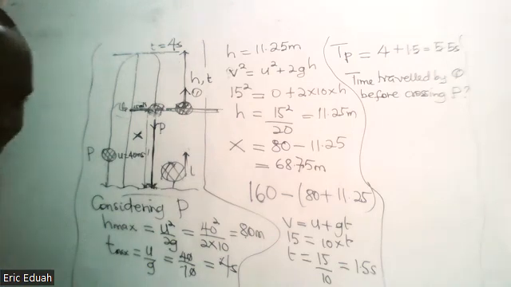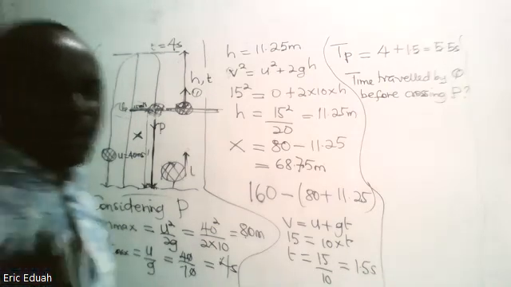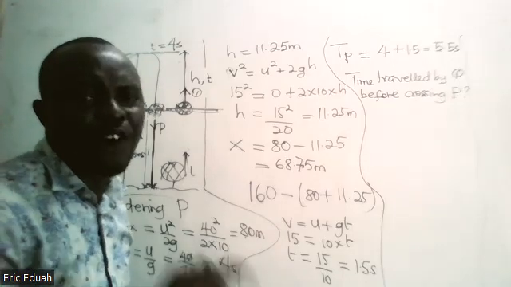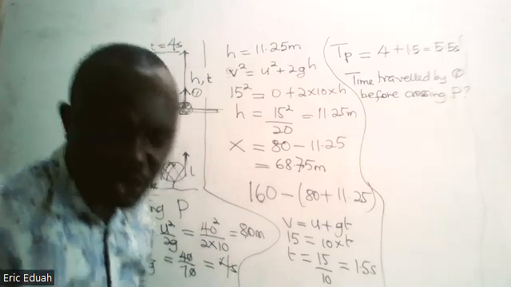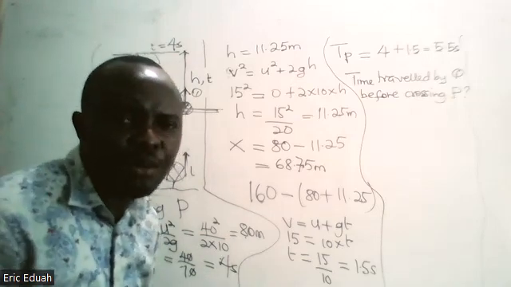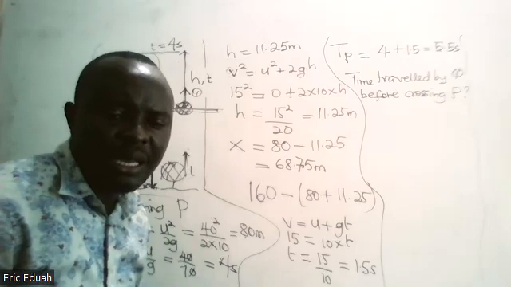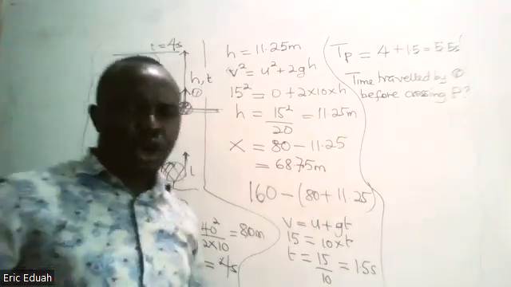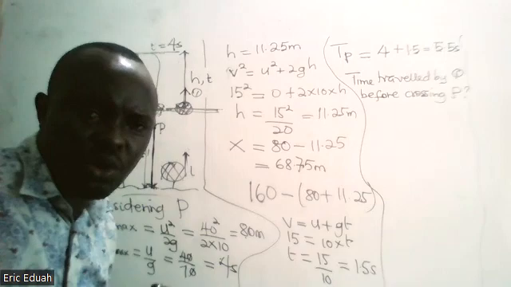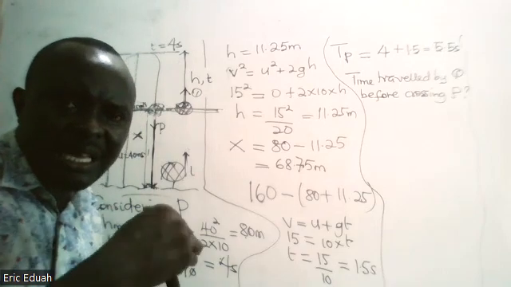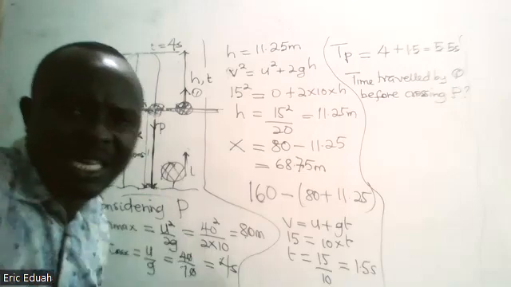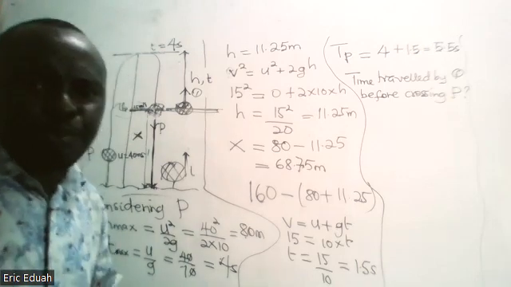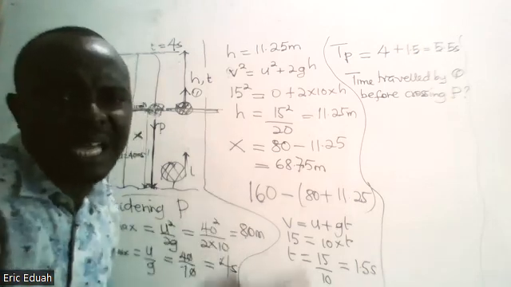Yes. Good. Now, the question says that P was thrown first, and 4 seconds later, Q is thrown, meaning the time traveled by Q compared to P is delayed by 4 seconds. So whichever point Q reaches, P leads Q by 4 seconds, because P was thrown and 4 seconds later Q is thrown.